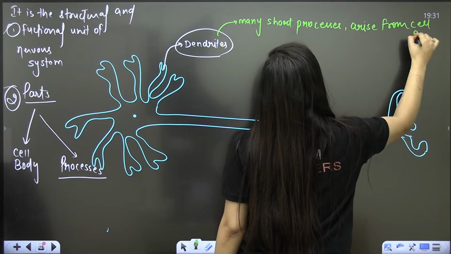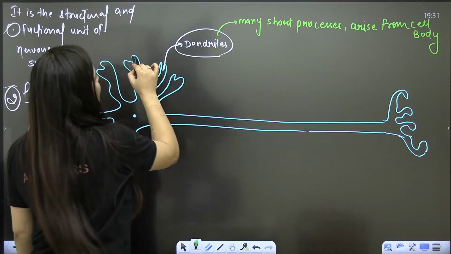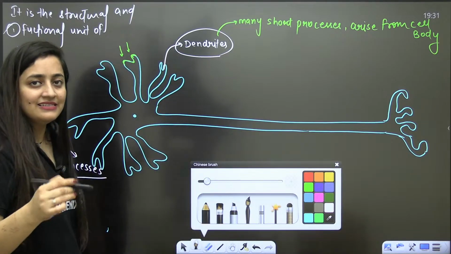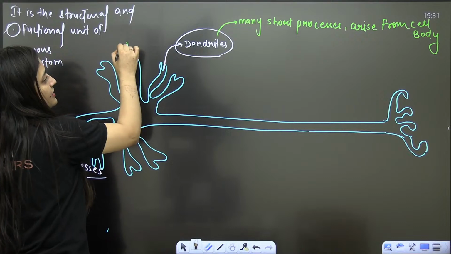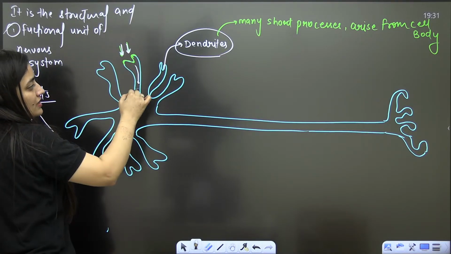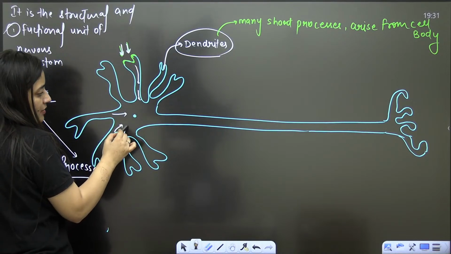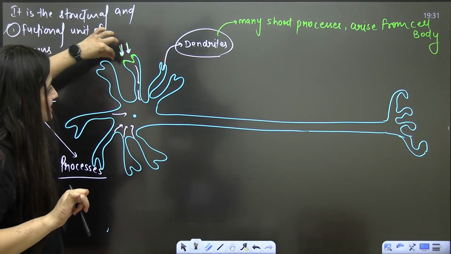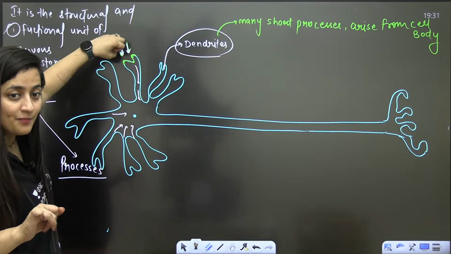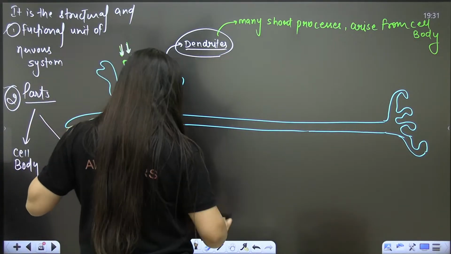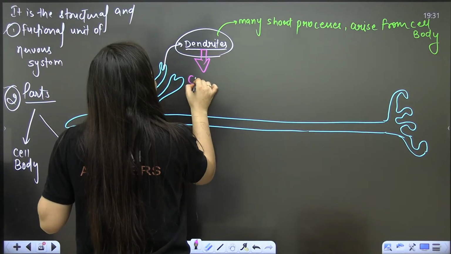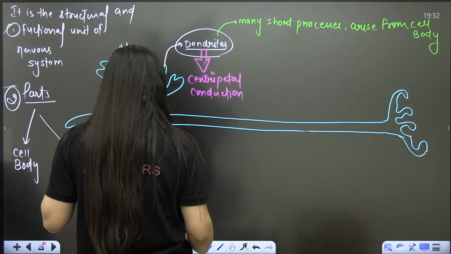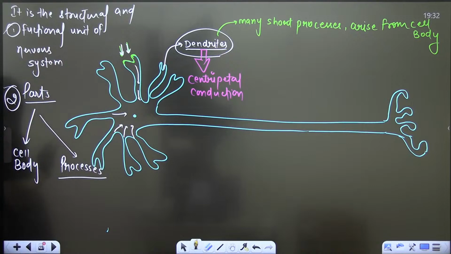These dendrites have receptors here. They are going to receive the stimuli, and when they receive that stimuli, they pass it towards the cell body. So something is moving from periphery towards center. Can I say that dendrites are showing centripetal conduction? Can I use this word for dendrites?